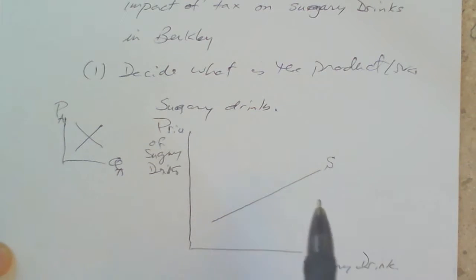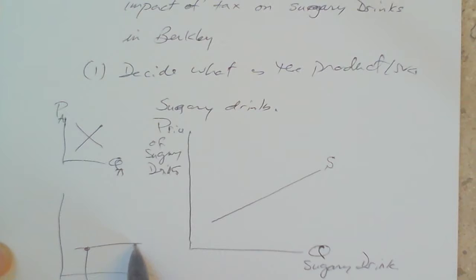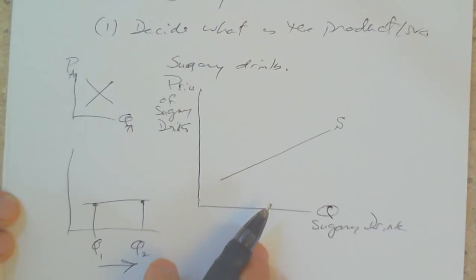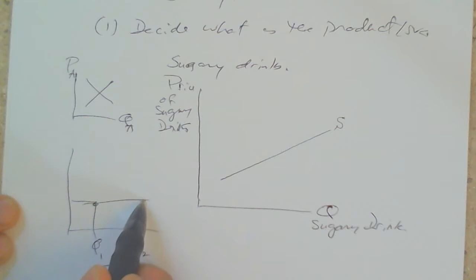If the supply curve is flat, as opposed to steep, production can be expanded from this level to this level very easily without much cost pressure, and so price doesn't have to rise very much.